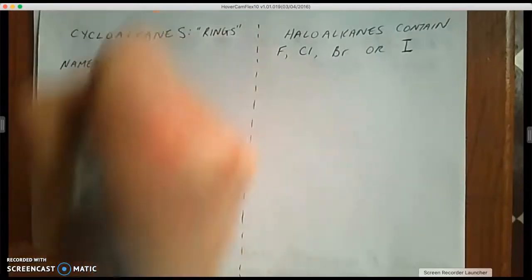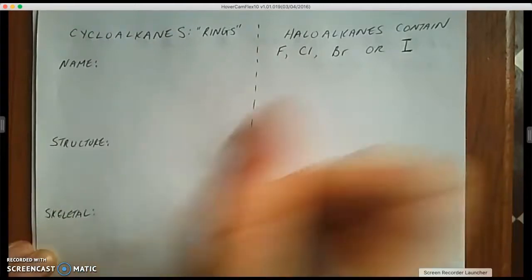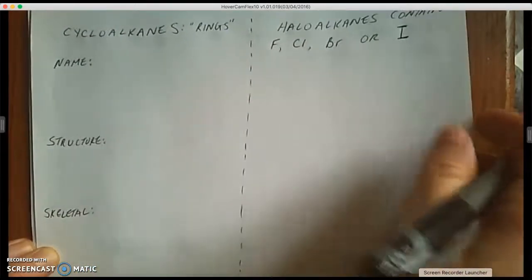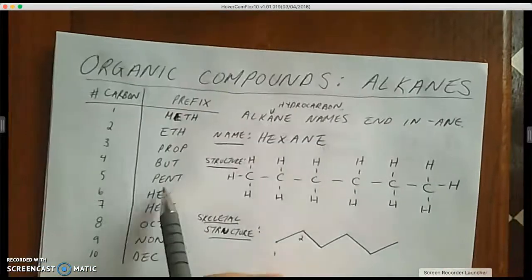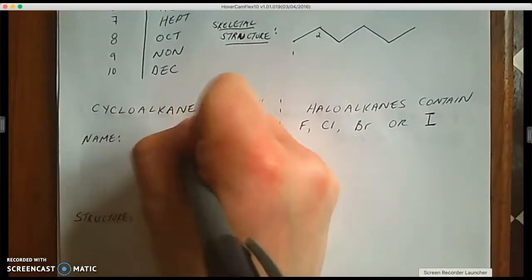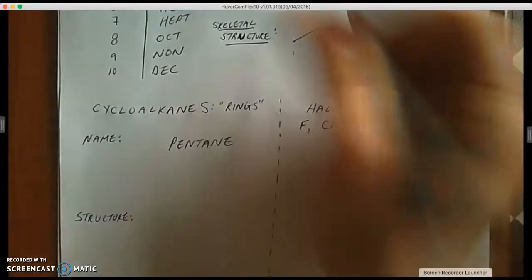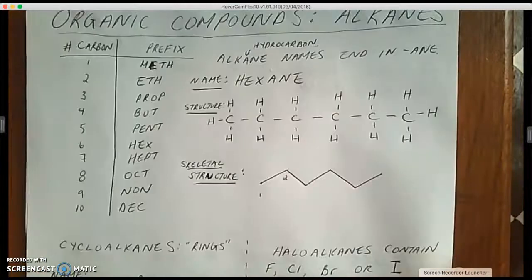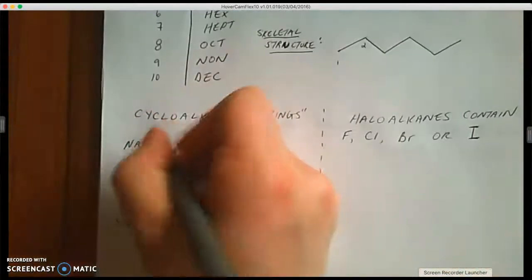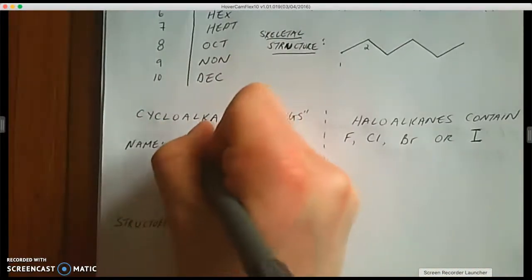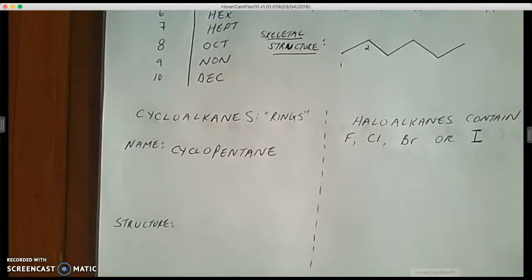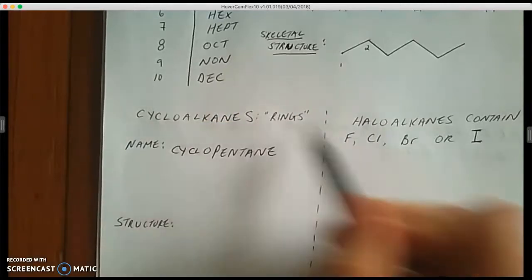Okay. But this time, I'm going to pick a different prefix just so we can practice. So if I look back at my table, maybe I'll go with pent this time, which means 5 carbons. Okay, so pentane would be just a normal alkane, like the hexane we just drew. But if I put a cyclo out front, then it changes the structure so that it comes back on itself.